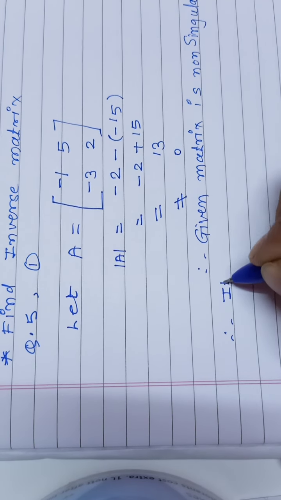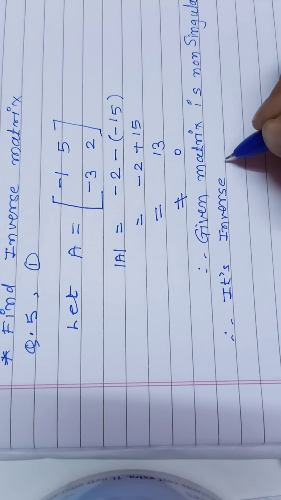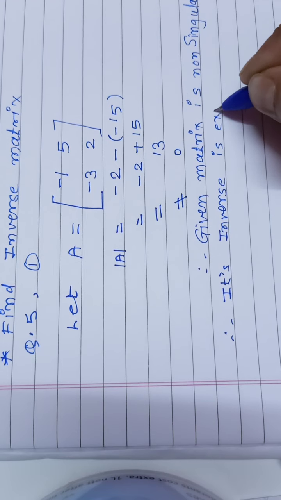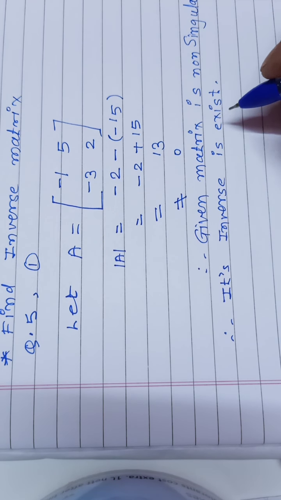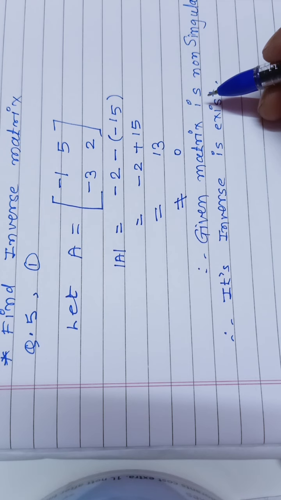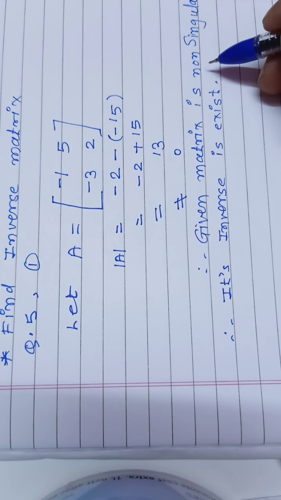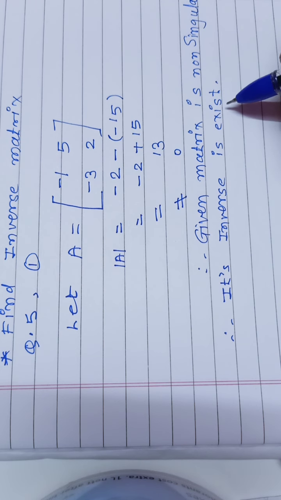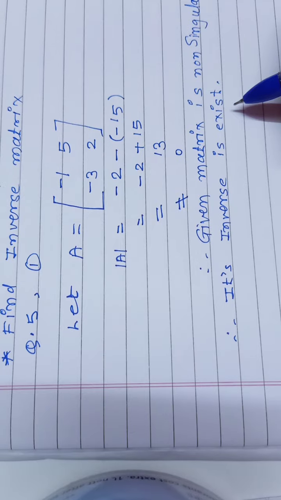Therefore, its inverse exists. It is very important to check whether the given matrix is singular or non-singular. Here it is non-singular, so definitely its inverse exists. So proceed to find its inverse.